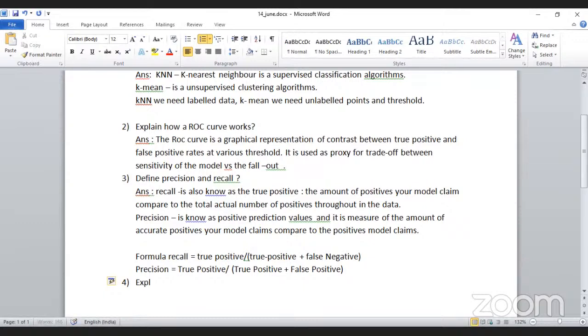Next question is explain L1 and L2 regularizations.